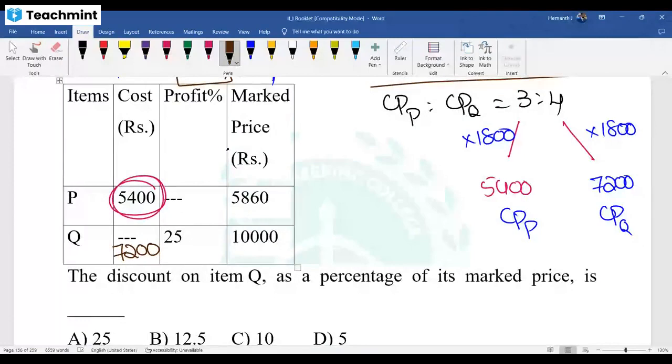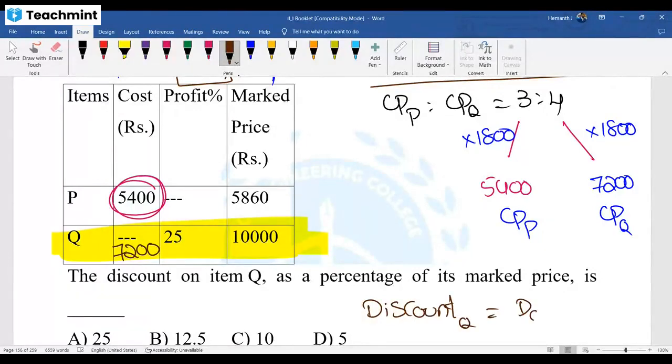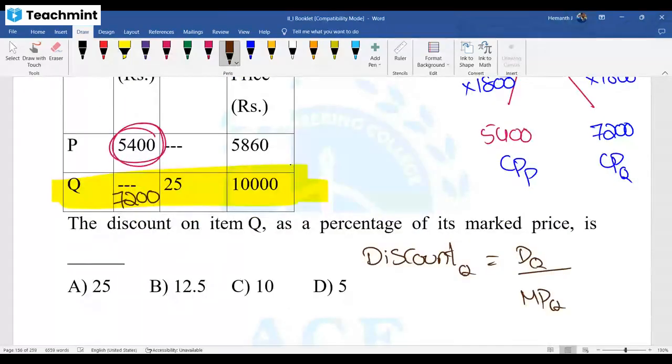Now what they are asking? Discount on item Q. How to calculate discount on Q? Q only they are asking. How to calculate discount percentage? Discount percentage is discount divided by MP, marked price of Q, into 100.